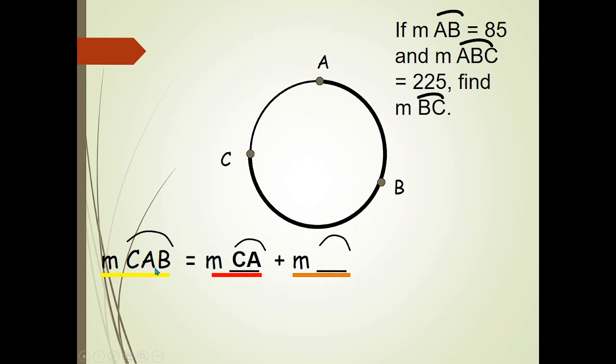The measure of arc CAB is equal to the measure of arc CA plus the measure of arc AB. So just in case we're given the values of two arcs, we can find the missing value by subtracting them.